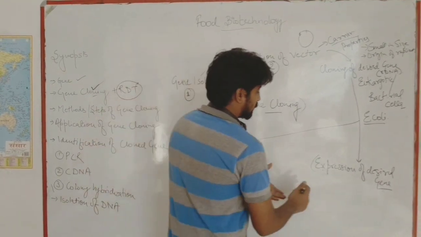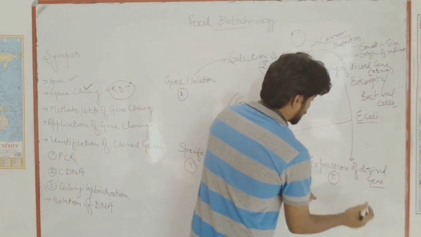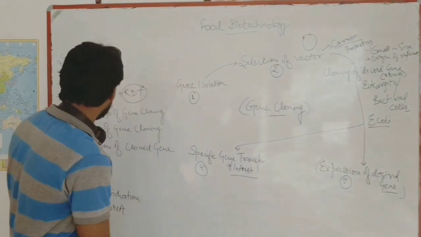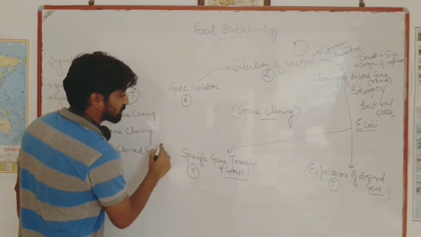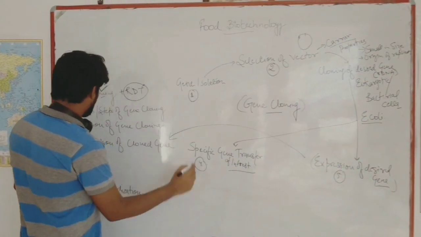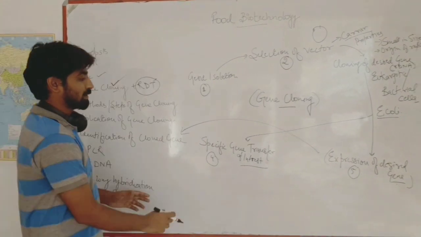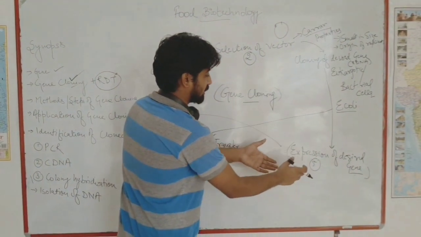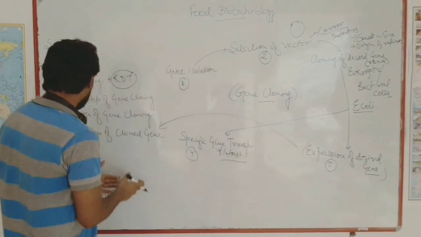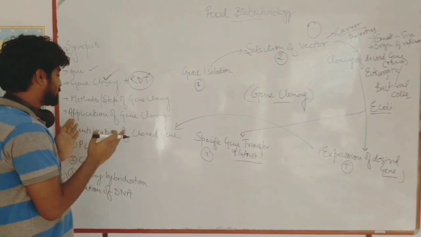After this, the final, fifth step is expression of those desired genes, and these expressions will be checked by the identification of the cloned gene. The topic we will be taking up next is identification of cloned genes. So after we take up the expression of desired genes, we will be taking the identification of cloned genes.